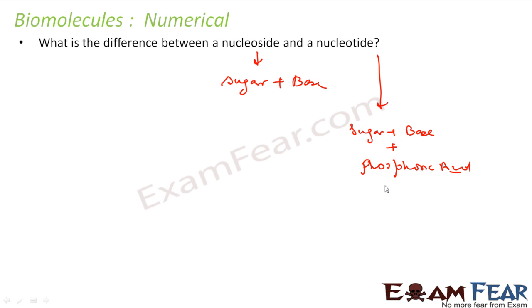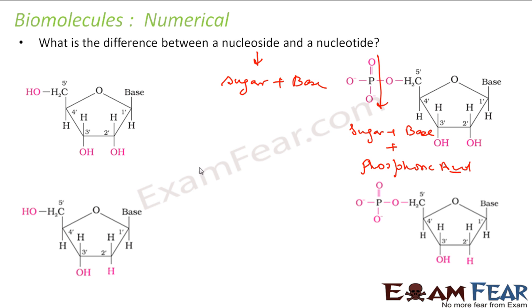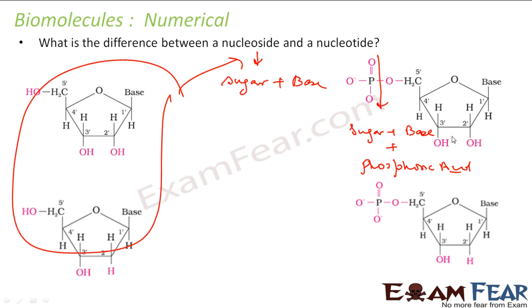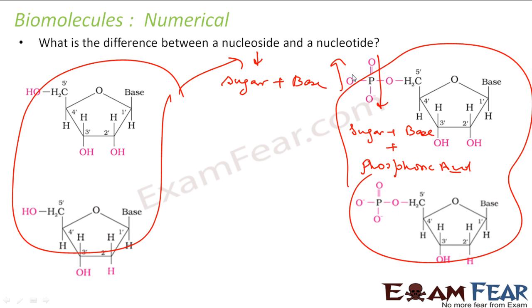This we have seen. And this nucleic acid is nothing but a chain of nucleotides. So if you see, this is my sugar and base. So these are my nucleoside, sugar, base, and phosphoric acid. These two are my nucleotides.